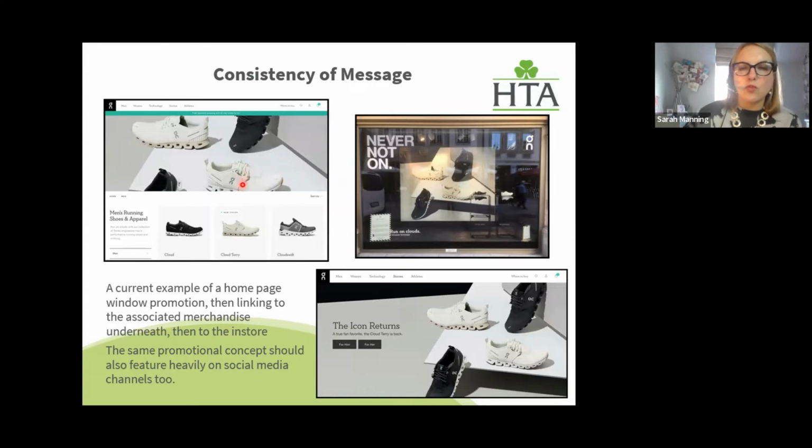We've also got the example of how it looks on their Instagram and their website, so that you've created not only a consistency of message for the customer, but you're also making that brand or that brand of product have a little bit more premium strength and premium feel to it as well.